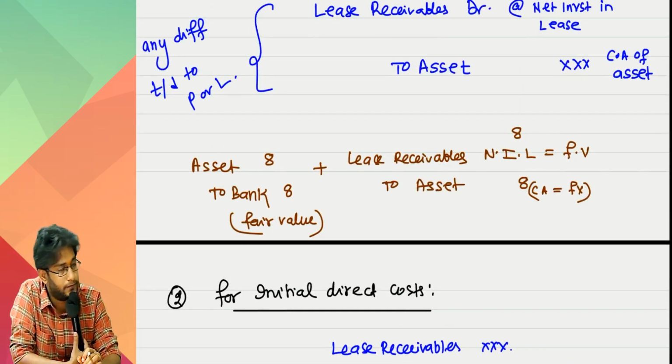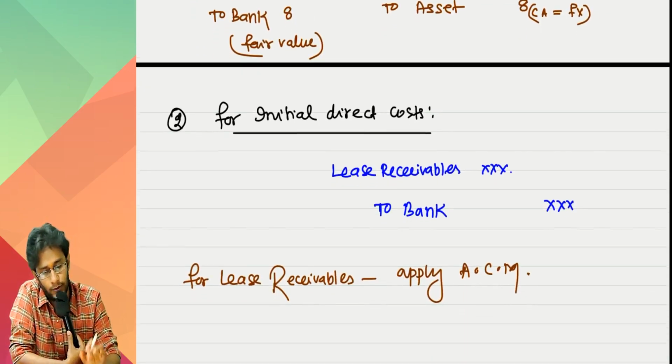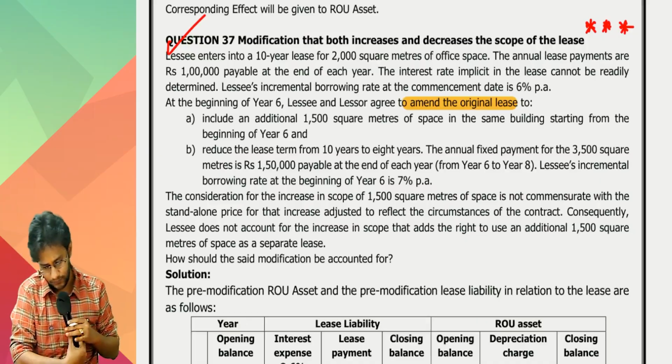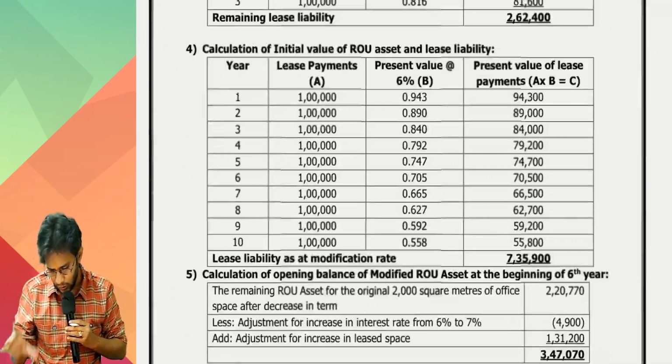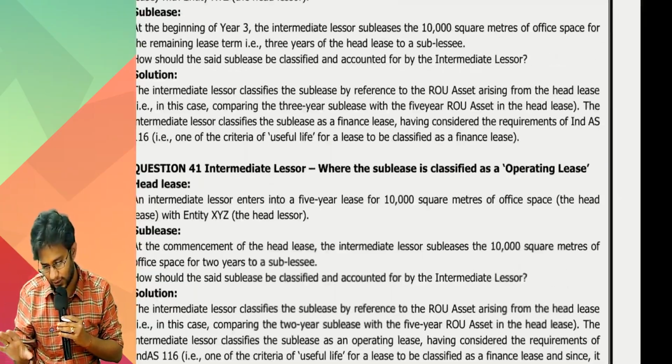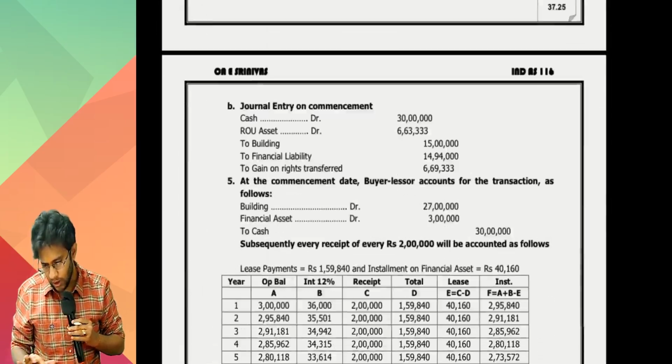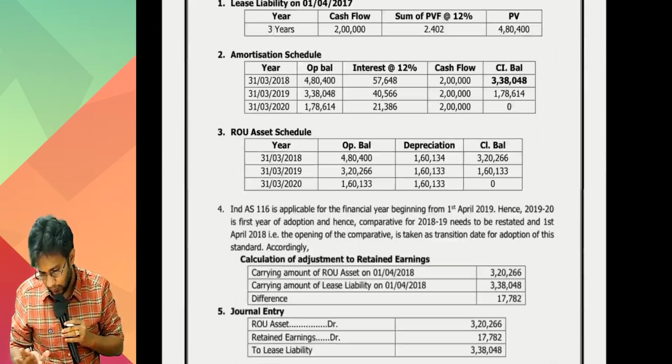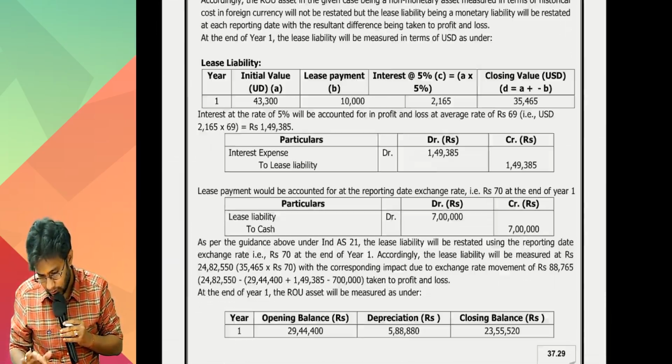Asset already died. That much only, sir. Now on this, only one question is there, on direct plain financial lease accounting. We'll quickly finish that and then we will touch the next concept.